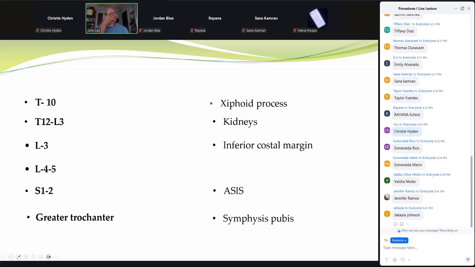Kidneys are in that area of T12, L3. Notice you can't palpate the kidneys. L3 corresponds to the inferior costal margin, so the bottom of the rib cage. L4, L5 at the iliac crest. For most patients, the greater trochanter corresponds to the level of the symphysis pubis.